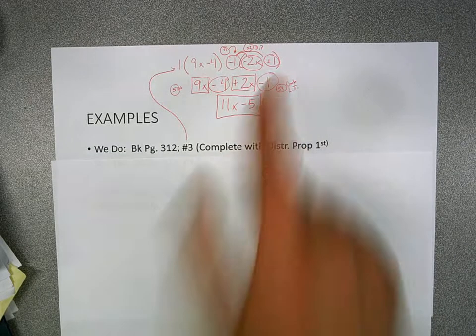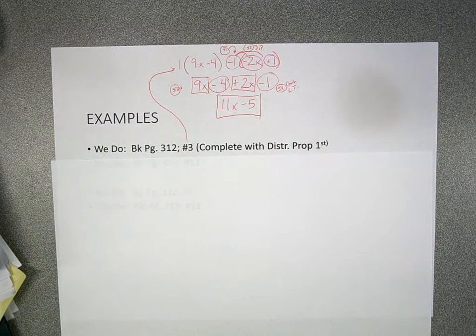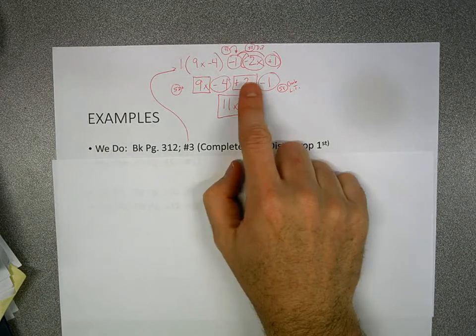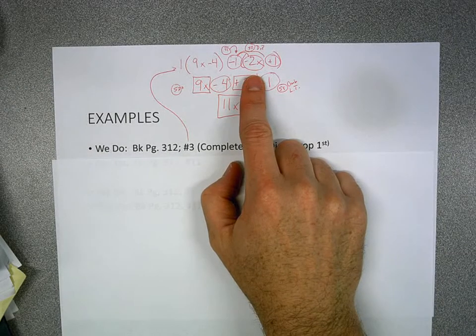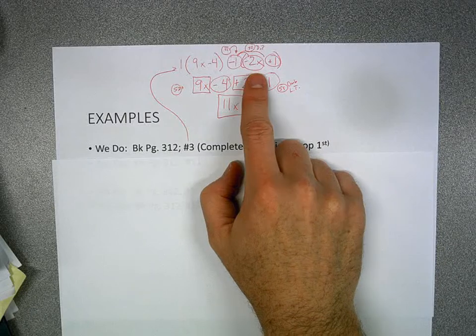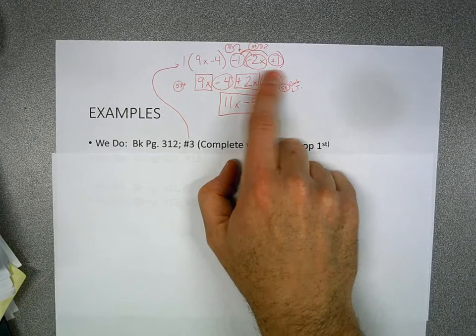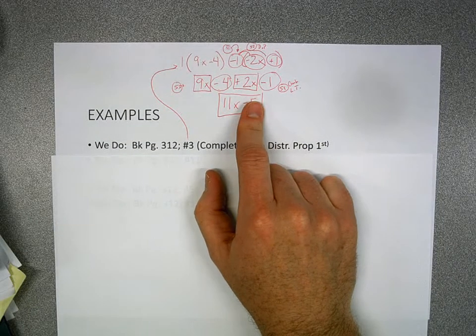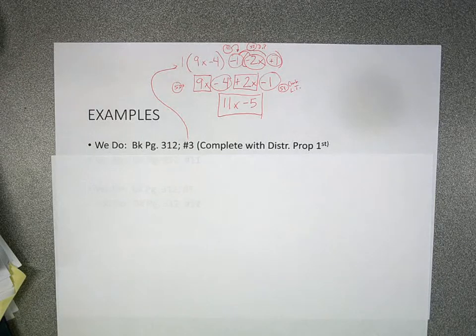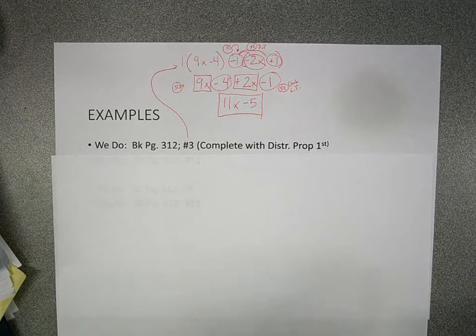Does any brave soul in here want to tell me what happened to both terms inside the parentheses from before to after we did the distributive property? Every negative was turned into a positive and every positive turned into a negative. You guys hear that? Every negative term became a positive term. Every positive term became a negative term.